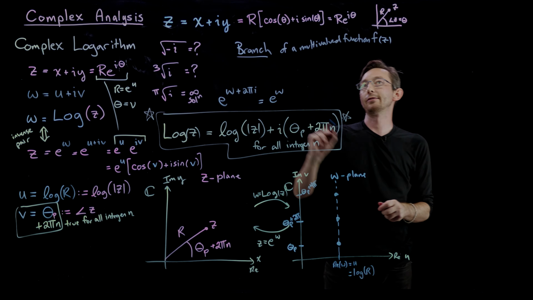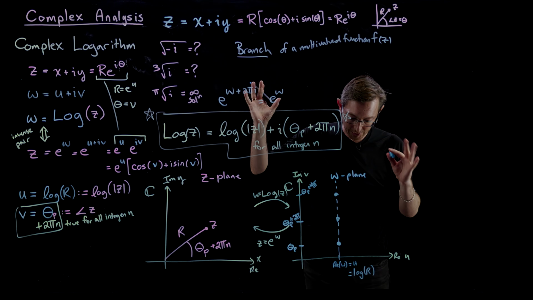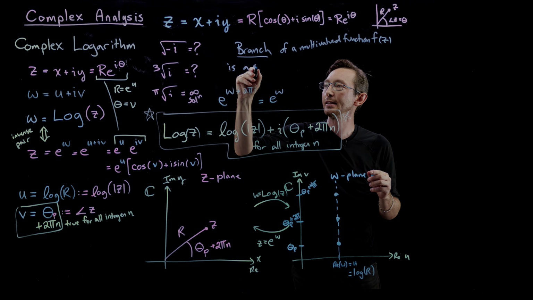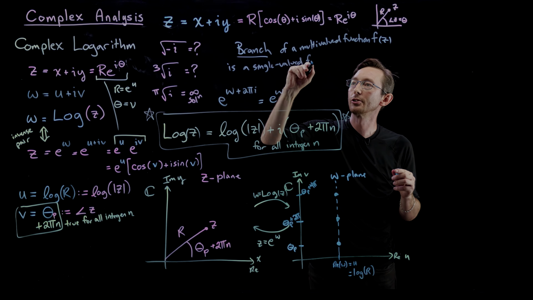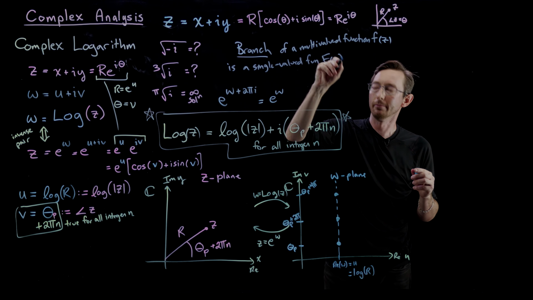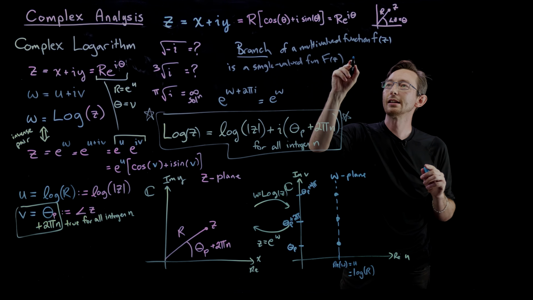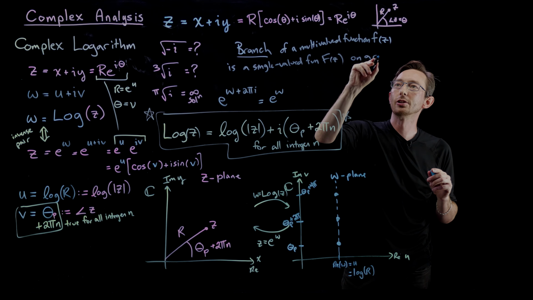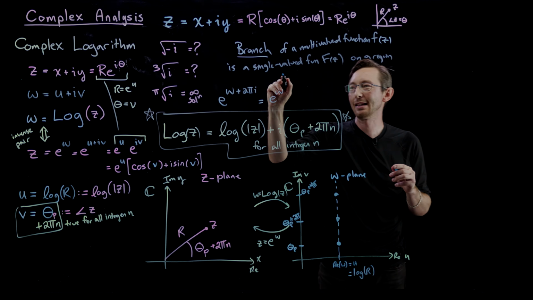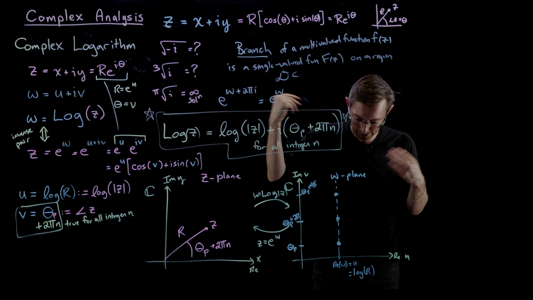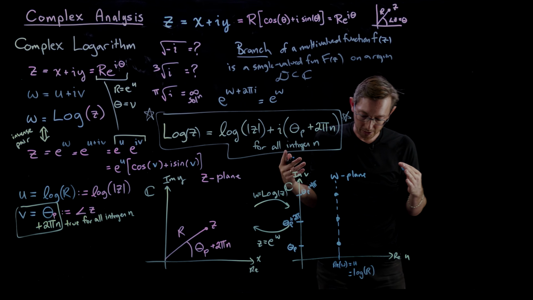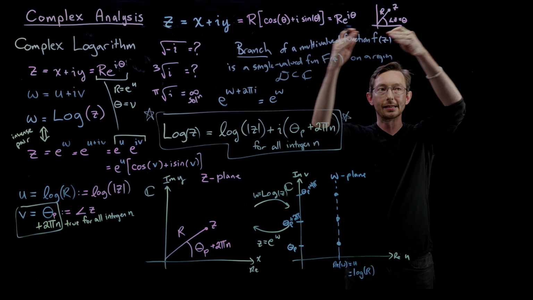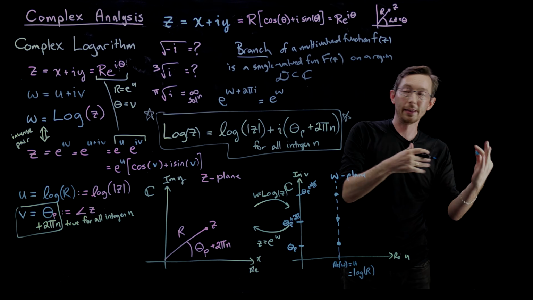A branch of a multi-valued function is essentially a single valued function, we'll call it f of z, which is defined on a region. I'm going to use some math speak. A region D, which is a subset of the complex plane, that essentially coincides, that is the same as f of z on that branch.